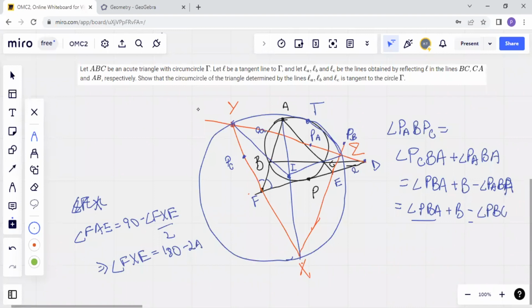And angle PBA minus angle PBC is equal to B. So this angle is 2B, which is nice. And so we have angle P_A P_B P_C is 2B. And remember this angle was 180 minus 2B. So we have that Y, P_C, P_A and P are concyclic.